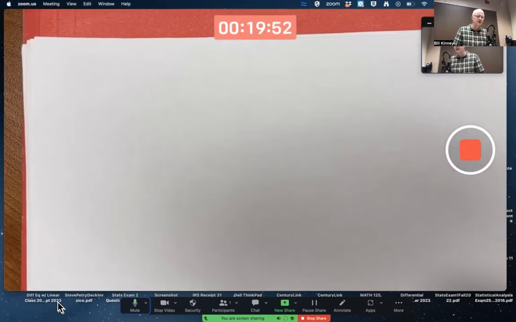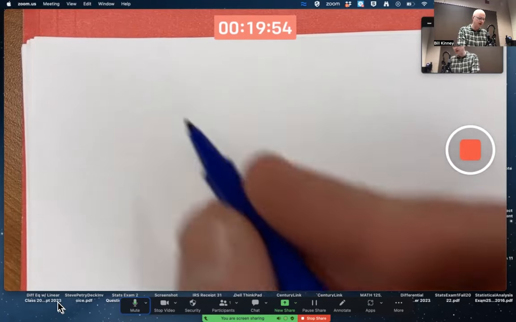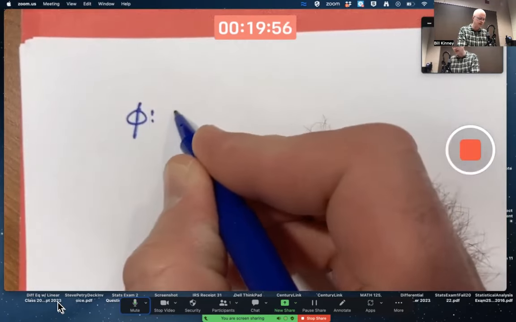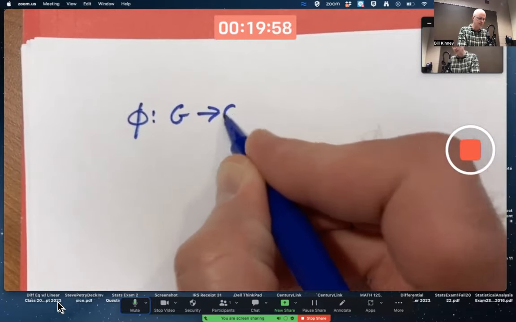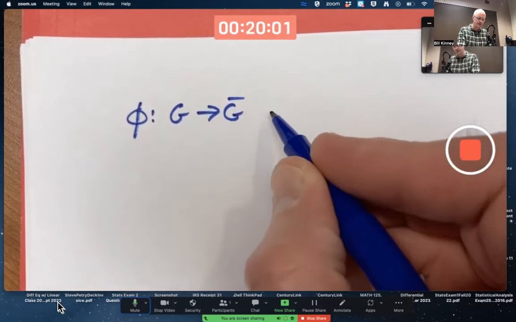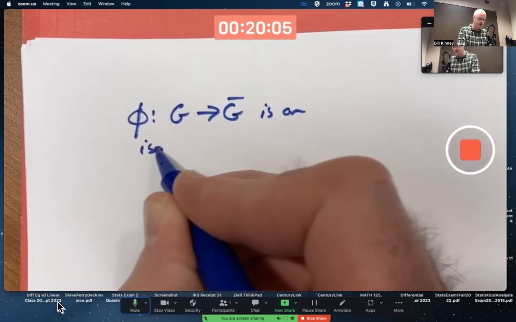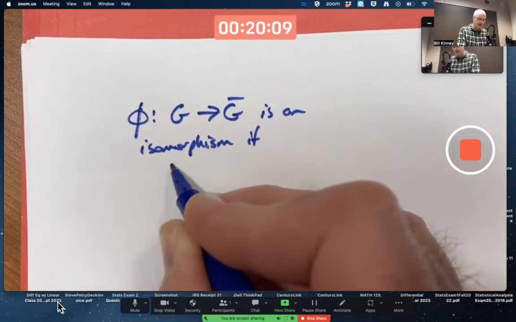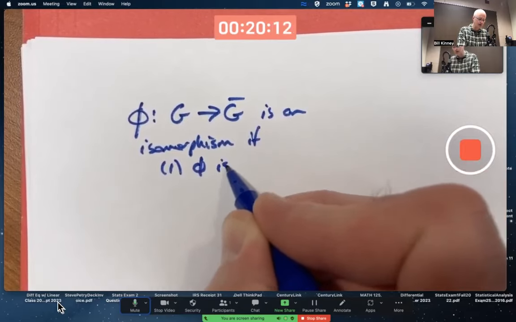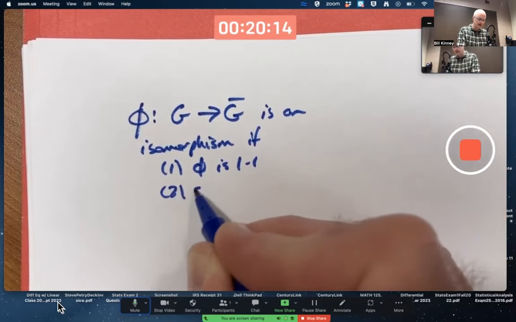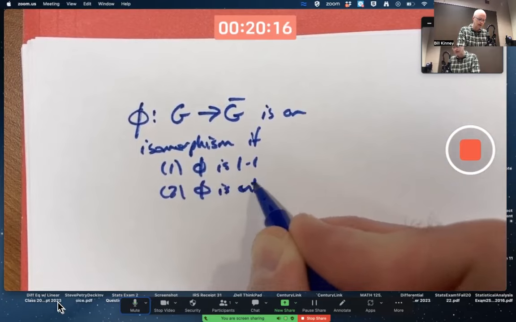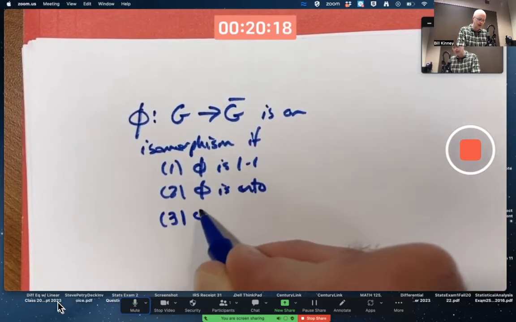Let me quickly remind you what you need for a function phi from one group G to another group G bar to be an isomorphism. This is an isomorphism if three things happen. Phi is 1-to-1, phi is onto, and 3, phi is operation preserving.